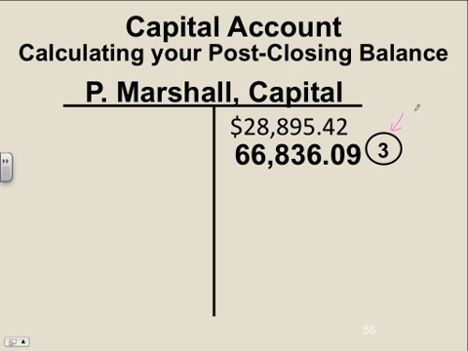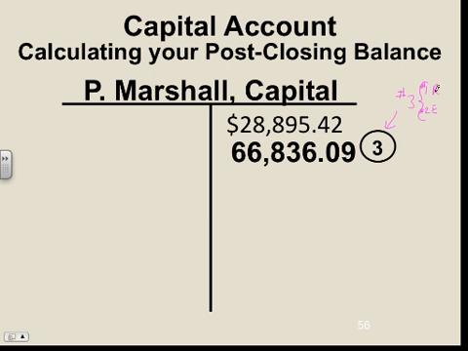Remember when that was our third closing entry, which really incorporated the revenue and expense in journal entry 1 and 2. We closed revenue to the income summary, we closed expense to the income summary, and then we updated capital by closing the income summary. So that's all incorporated here.